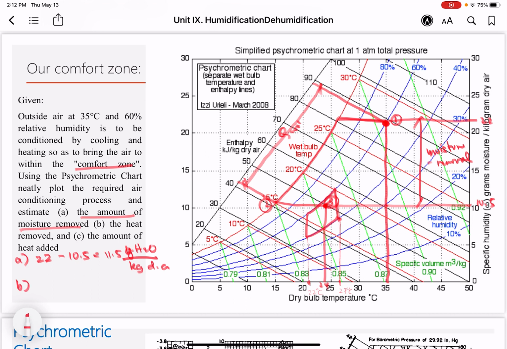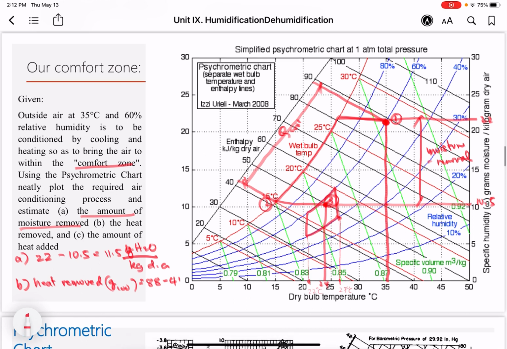So, in letter B, if I get the heat removed, or Q cooling, that is around siguro 88 minus 41. Okay, or you get that as 47 kilojoules per kilogram dry air.